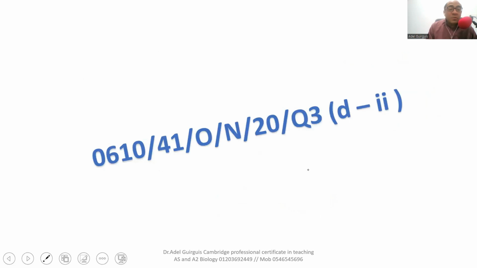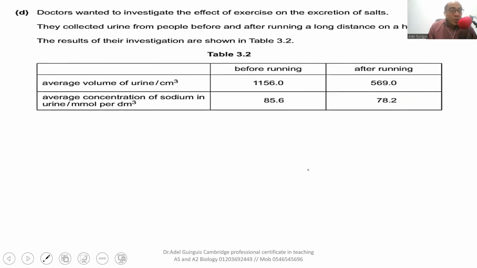Third question about Paper 4 also, October/November 20, question 3, d(ii). Doctors wanted to investigate the effect of exercise on the excretion of waste. They collected urine from people before and after running a long distance on a hot day.